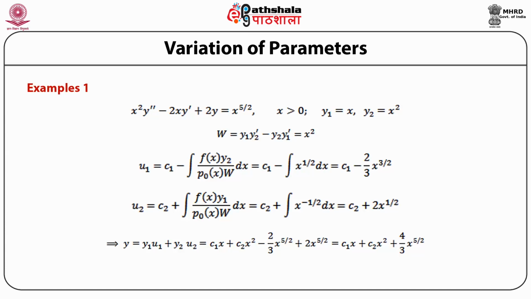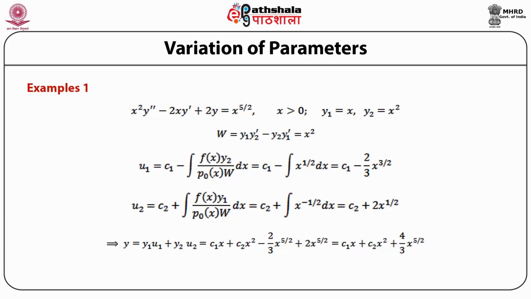u1 will be equal to c1 minus the integral of f(x) y2 divided by p naught(x) W times dx, which will be equal to c1 minus the integral of x raised to power half dx, which results in u1 being equal to c1 minus 2 by 3 multiplied by x raised to power 3 by 2.